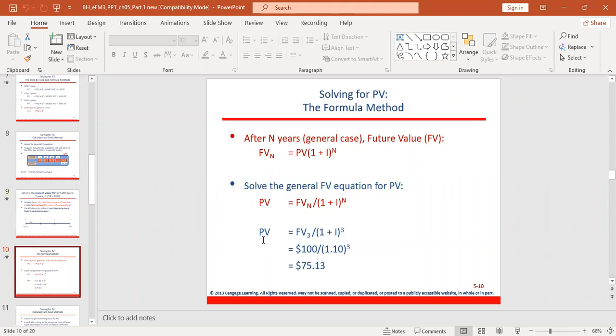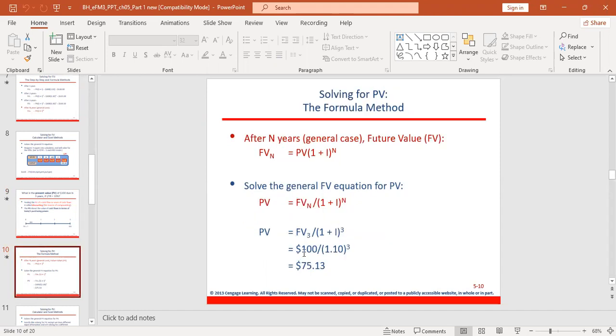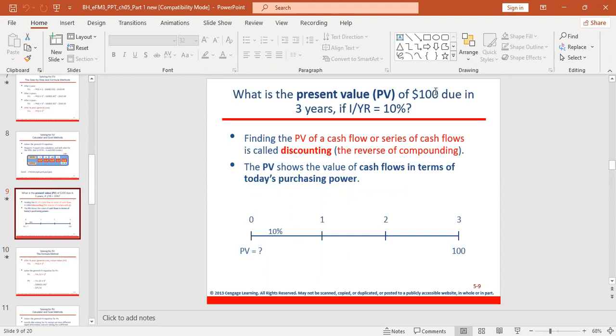The PV in this question will now be $100 divided by (1 plus 10%) raised to power 3. So we get 75.13.